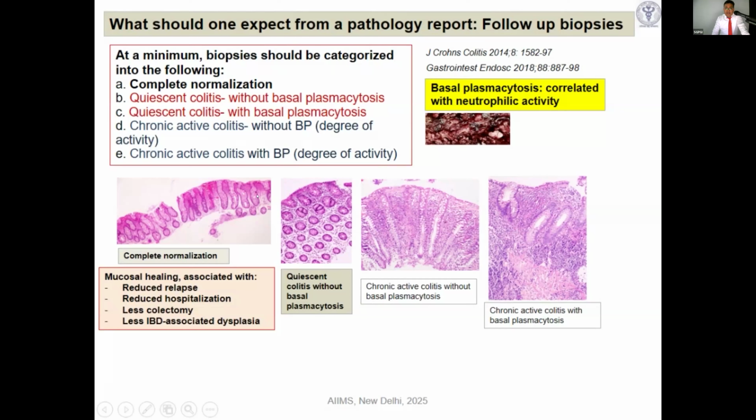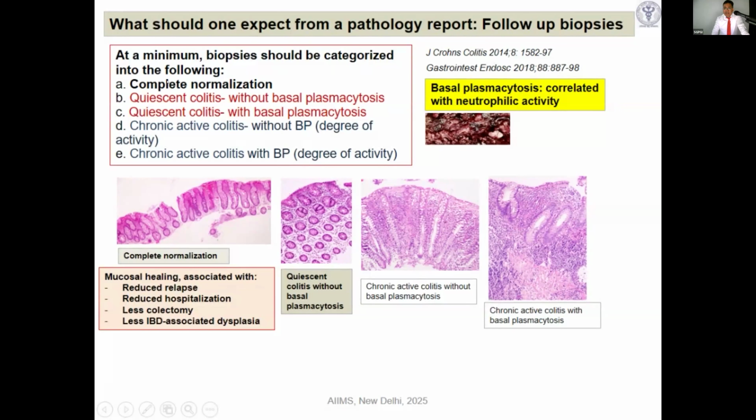Look at how we classify the follow-up biopsies. If the architecture has become normal, there is no neutrophilic activity and not much inflammation, we say it is complete normalization. If the architectural abnormality is still persisting, with not much inflammation or activity, we say it is quiescent colitis. Or if along with architectural distortion, neutrophils are there, we say it is active colitis.